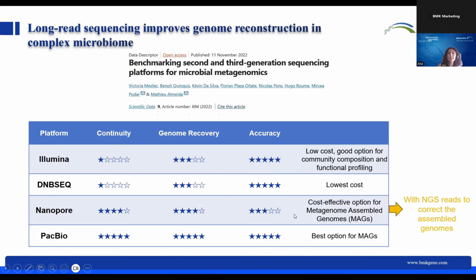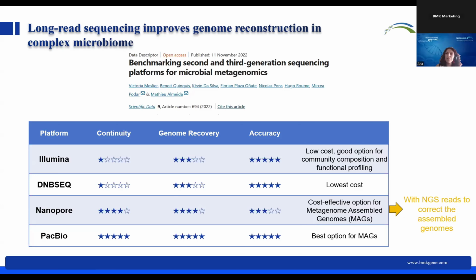Nanopore is the middle one here, because although it has long reads, so the assemblies are nicer and more continuous, the accuracy is lower. So based on these characteristics of each technology, we can find which are the better options depending on the research purpose.